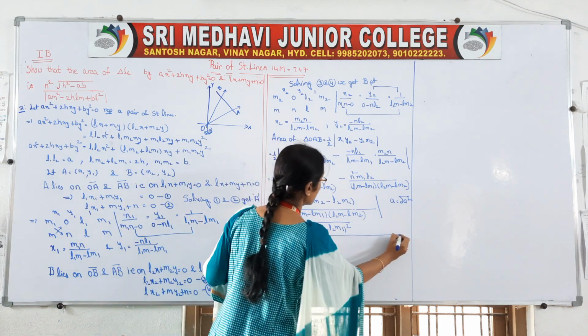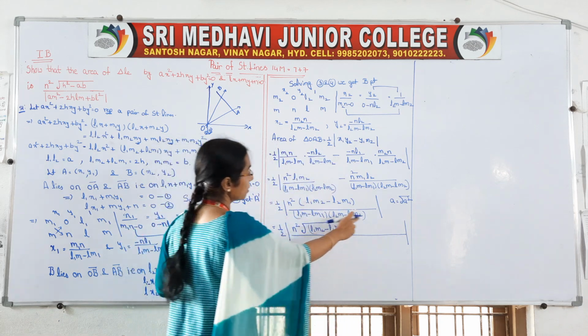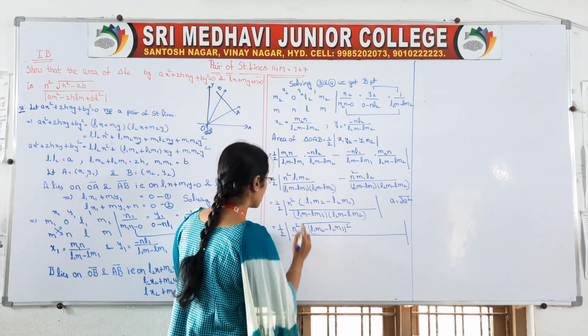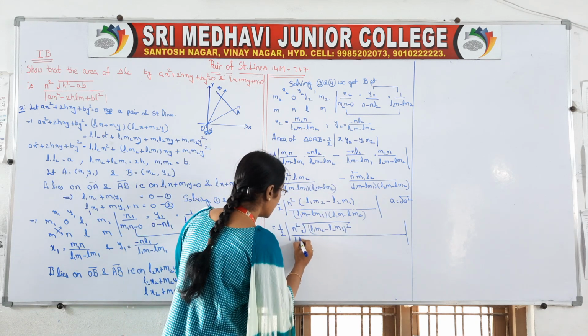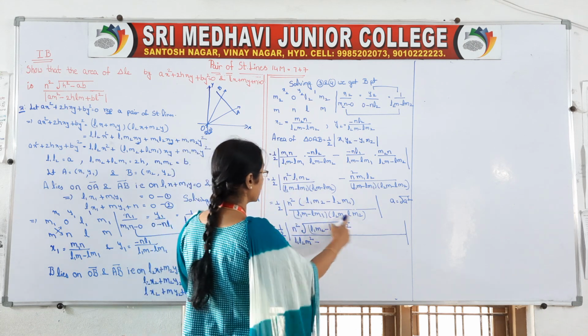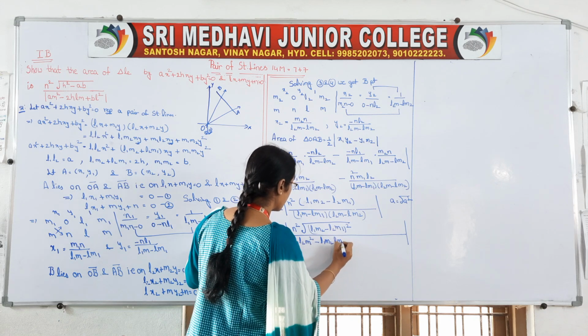Okay, and downwards we have to multiply the values. First with this, these two, next with this, these two we have to multiply. So it is L1 L2 m square minus L1 m2 Lm.